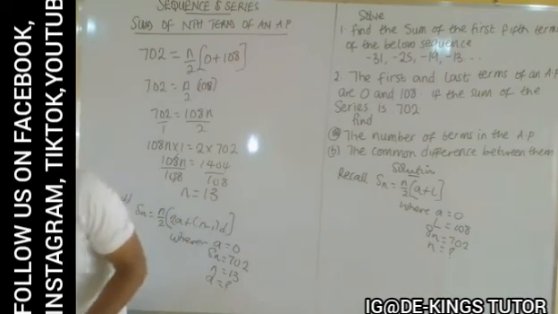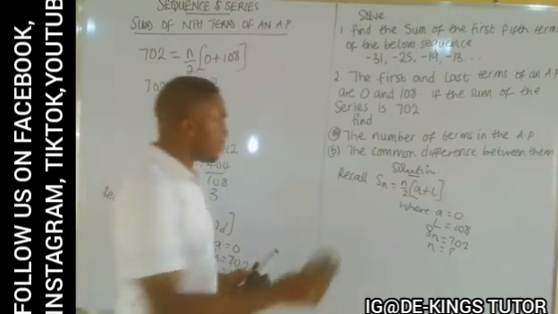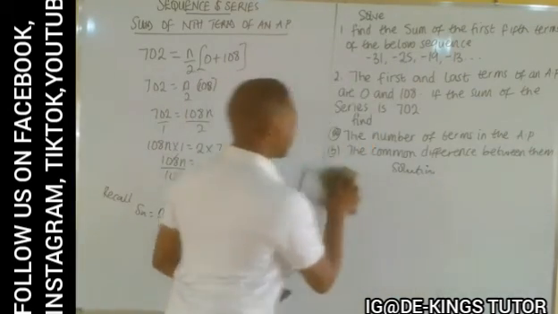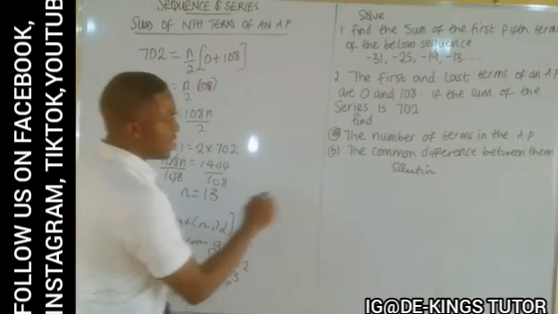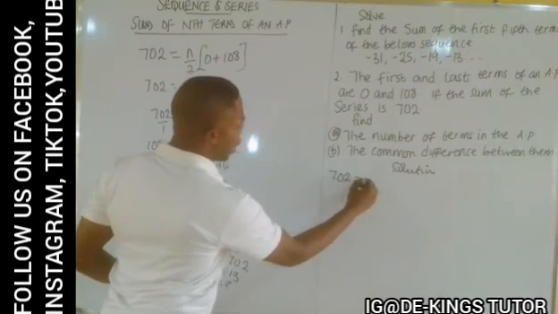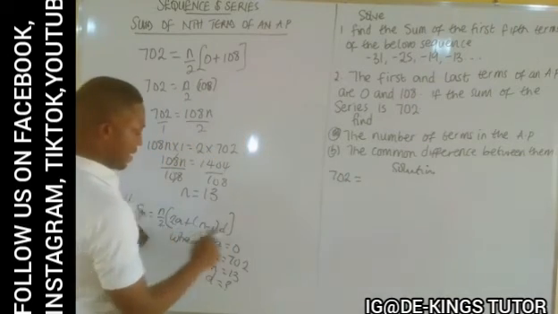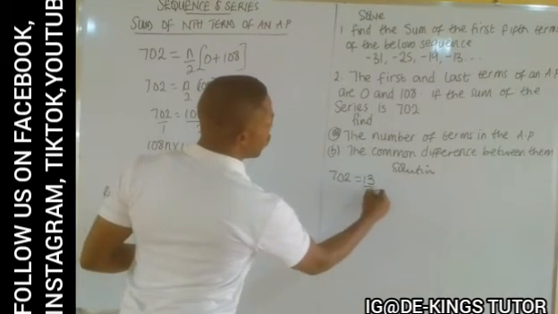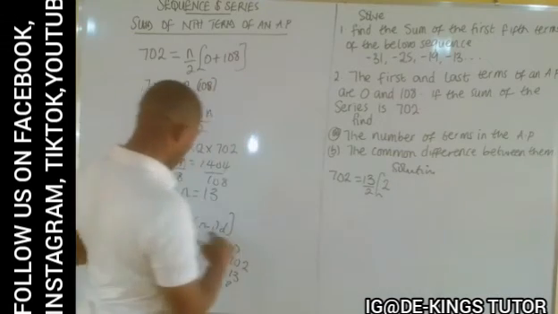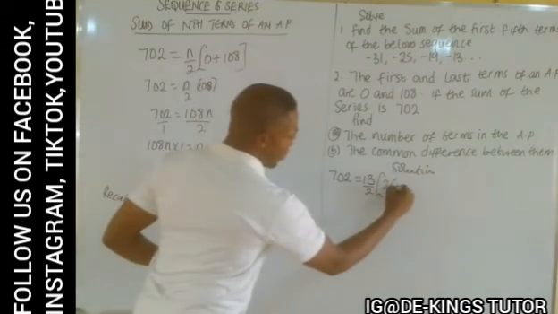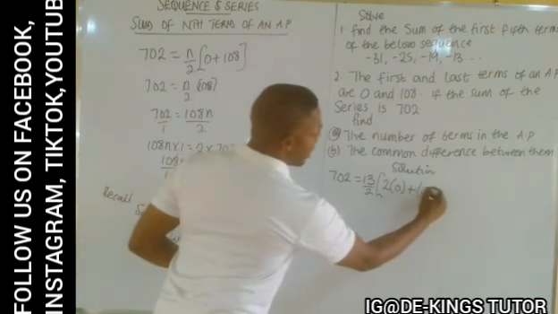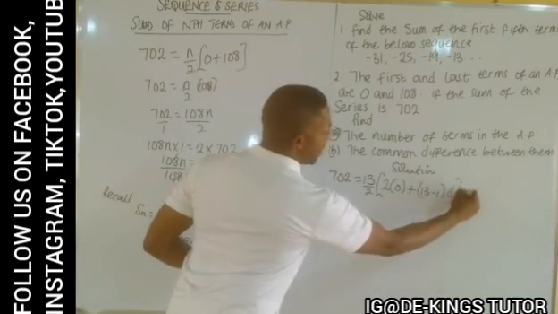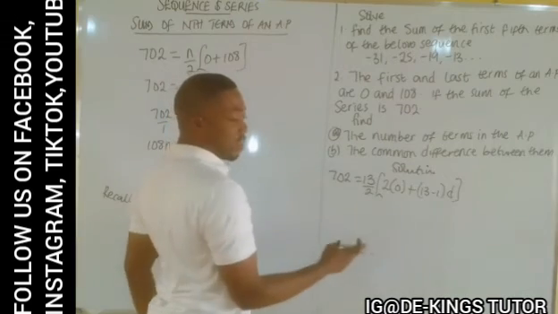So if we do that, we are going to substitute: our Sn is 702 equals our n is 13 over 2 into 2 times a, which is 0, plus our n, 13 minus 1. Our d is unknown. That's what they are looking for.